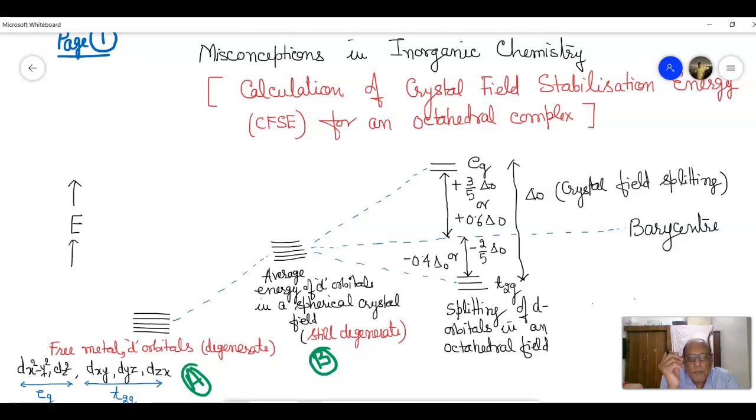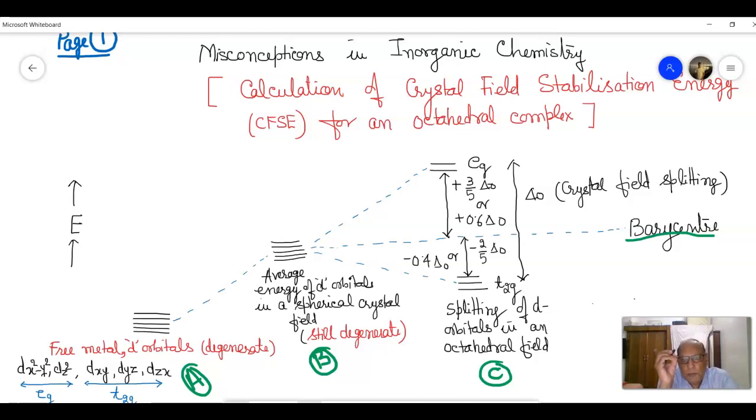And the five d orbitals split up into two levels. Eg orbitals occupy higher energy level in comparison to the average energy, which is represented by the barycenter, and T2g orbitals occupy lower energy level. So this situation is represented by C.